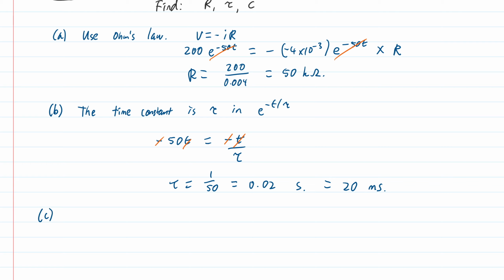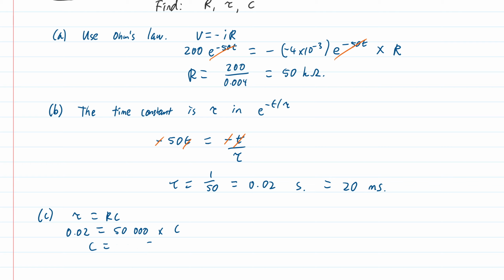From that information, it's fairly straightforward to calculate the capacitance, because we also know that tau is resistance times capacitance, so we can substitute in the values that we have and directly get our capacitance. So that's 50,000 times our capacitance equals 0.02, so our capacitance is 0.02 divided by 50,000, which is, I'm sorry, 0.4.